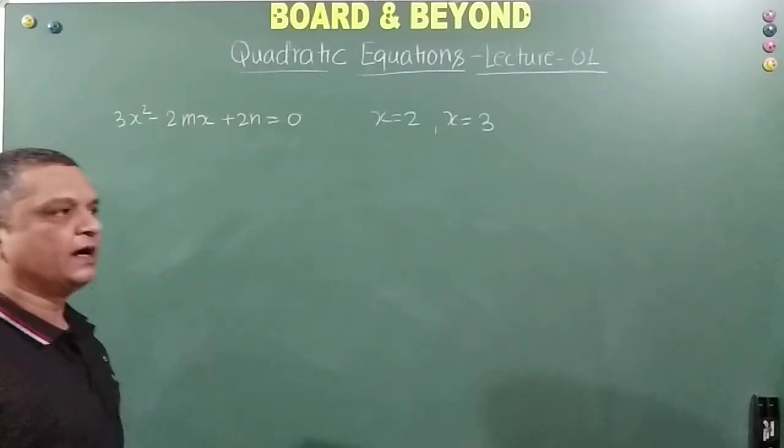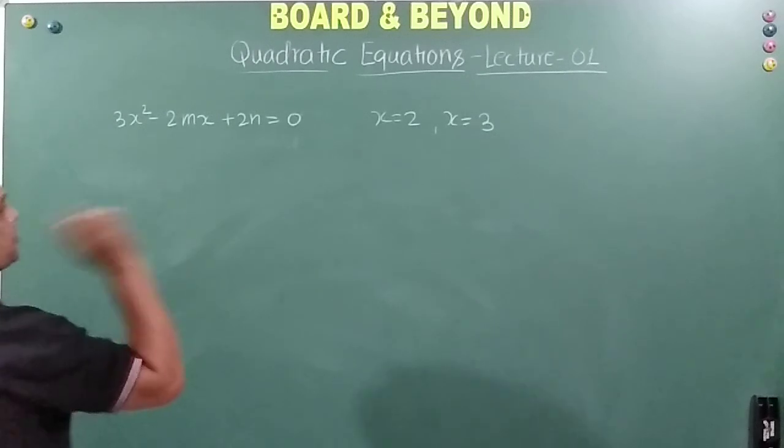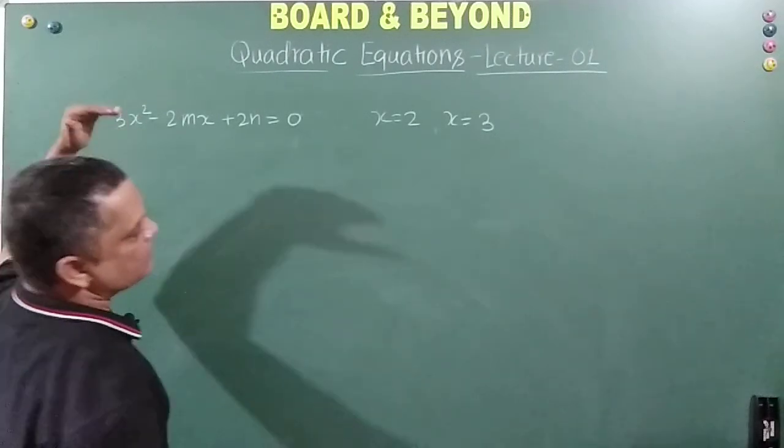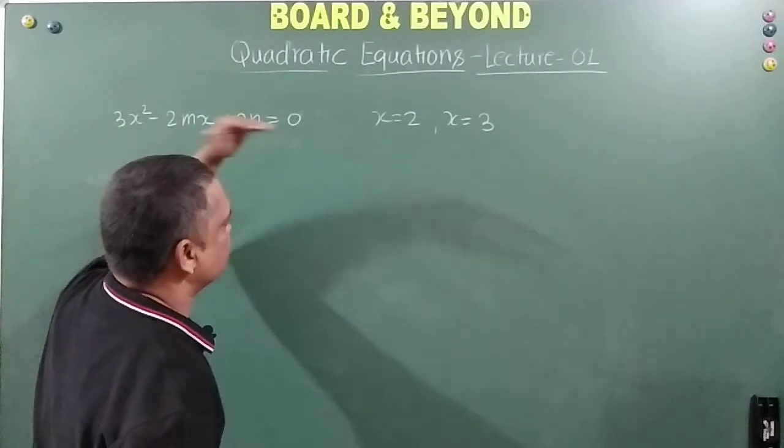So what do we understand? When x is equal to 2 is a root, that means when I substitute x is equal to 2 in this quadratic equation, I must get this statement true, or it should be equal to 0.